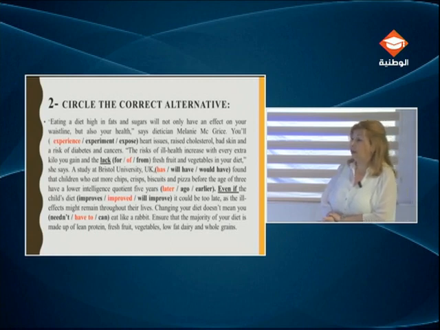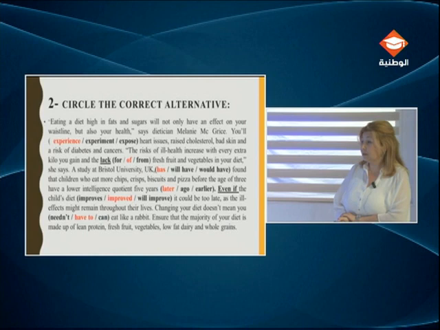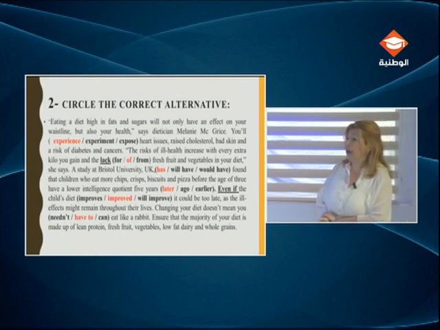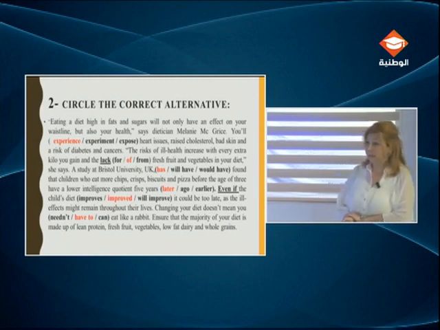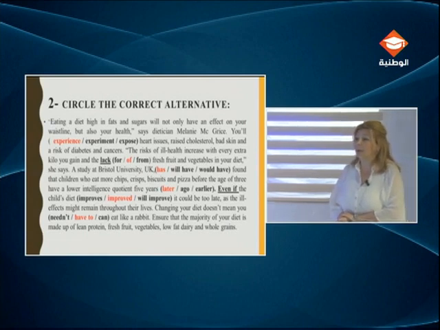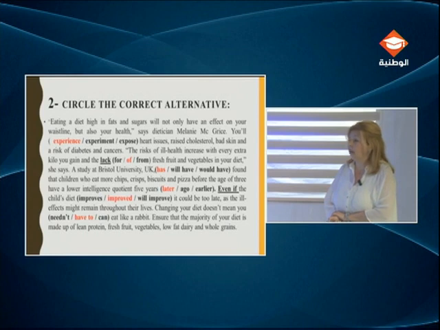I have underlined some keywords just to show you how you should proceed. Eating a diet high in fats and sugars will not only have an effect on your waistline, but also your health, says dietitian Melanie McGrath.